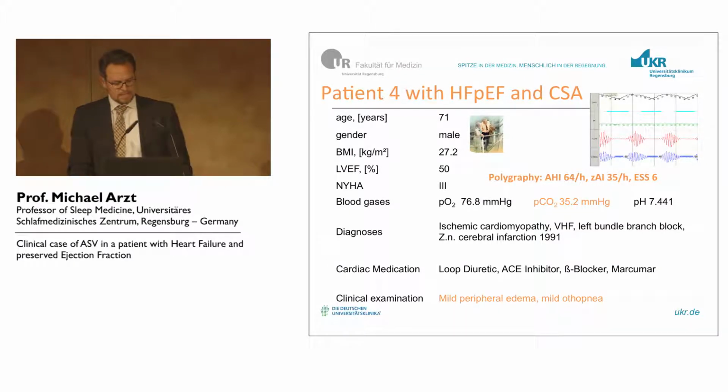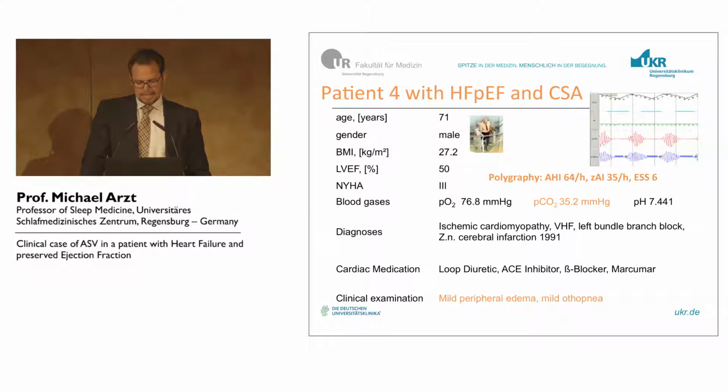The last patient, this is a 70-year-old heart failure patient with preserved ejection fraction. In the ambulatory polygraphy sleep disordered breathing test, also clear severe central sleep apnea. But this patient was clinically decompensated.